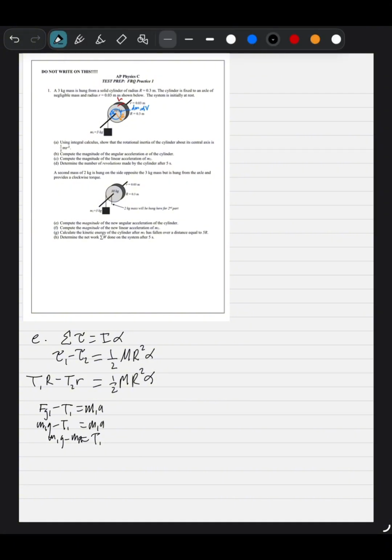And for T2, it is bigger, so we put that first, then Fg2. Then isolate T2 and expand Fg2. So we'll plug that all in.